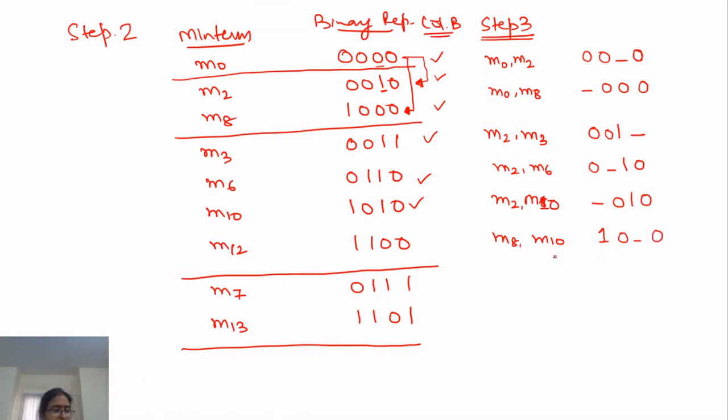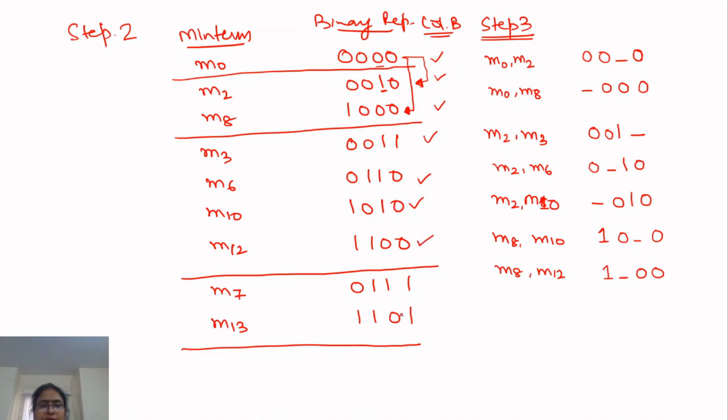Then 8 and 12, yes, m8 and m12, that is 1 0 0 0 and 1 1 0 0. So it is 1 dash 0 0 because they are differing on the second bit, right? So now 12 is also covered.